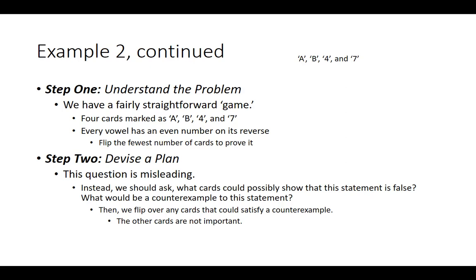Therefore, what we should be doing is trying to find counterexamples to prove that it's false. So we want to flip over any cards that could satisfy a counterexample. The other cards aren't important. Not even if they could, quote unquote, prove it's true.